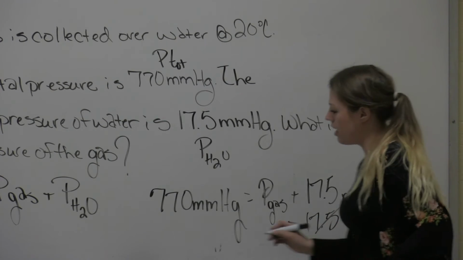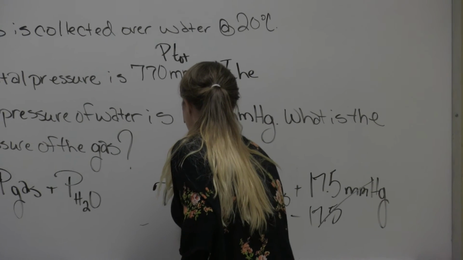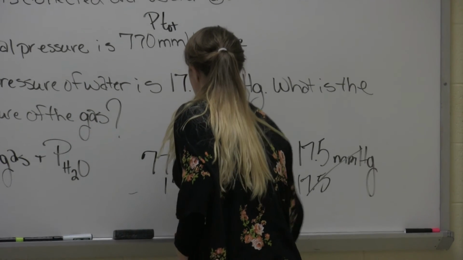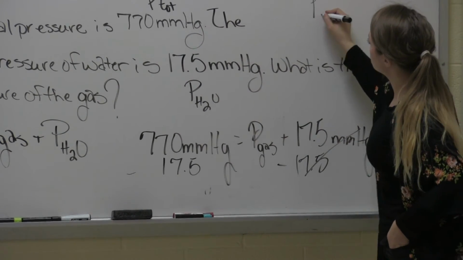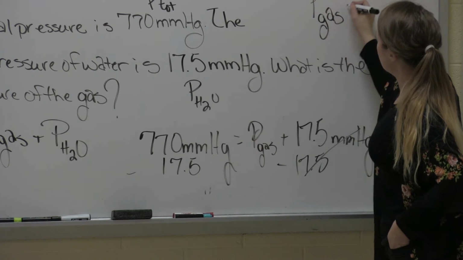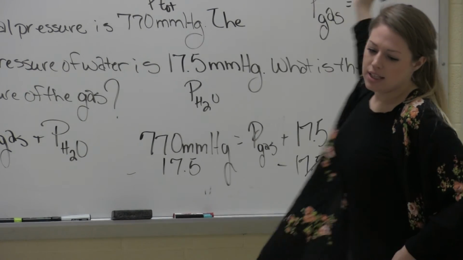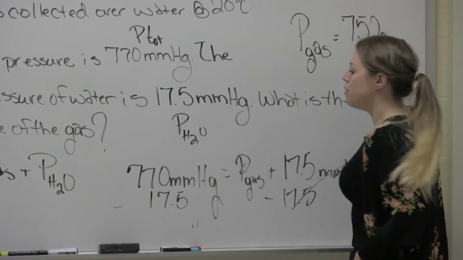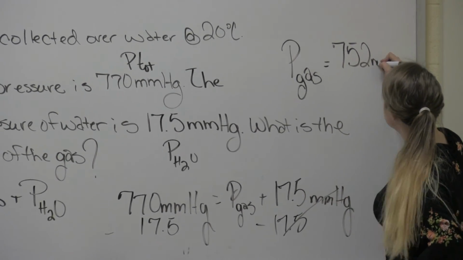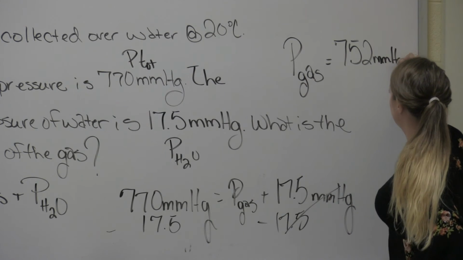Subtract 17.5. So the pressure of our gas is going to equal 752. Our units were millimeters of mercury, so it needs to stay in millimeters of mercury.